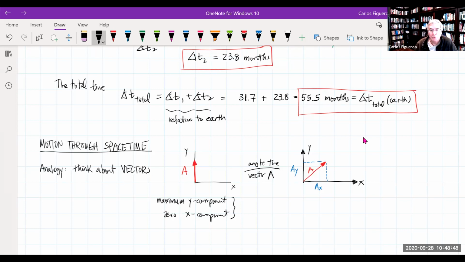A really good analogy is weight. Most people are shocked that weight is a vector.